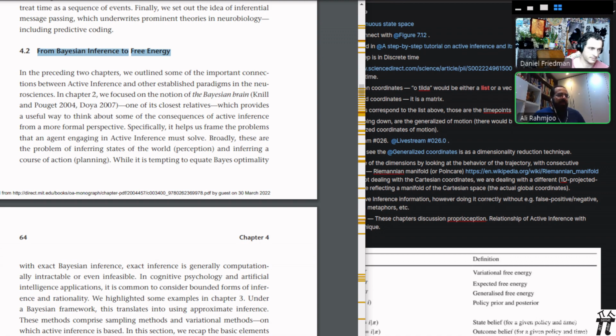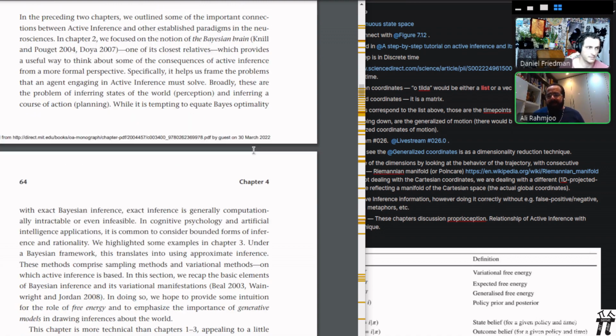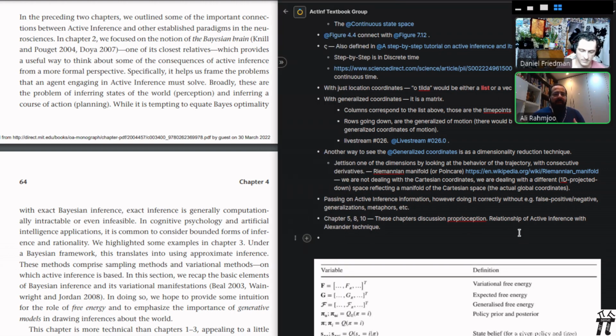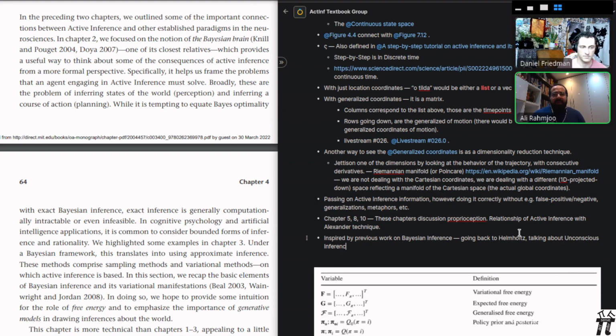Okay, so as we know, the free energy principle is inspired by previous work on Bayesian inference, all the way back to Helmholtz's theory about unconscious inference or something to that effect. I can't remember the exact term, but here it provides in a bit more detail how we can derive the free energy principle formalism using the established Bayesian inference formulation.